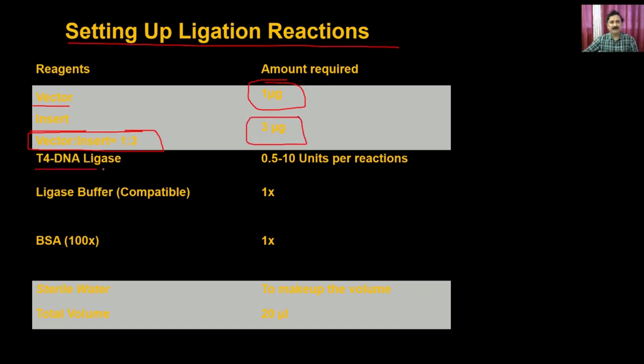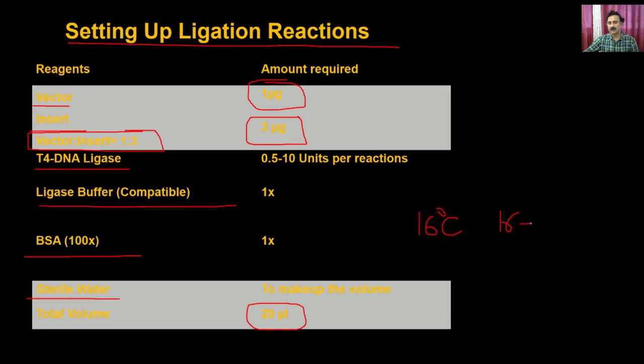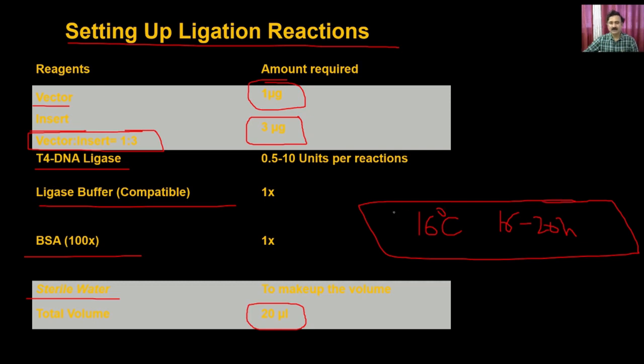Then you add the T4 DNA ligase, ligase buffer and BSA, and finally sterile water. The reaction volume should be 20 microliter, and then you incubate the reaction at 16 degrees Celsius for 16 to 20 hours, so that it gives you the ligated products.